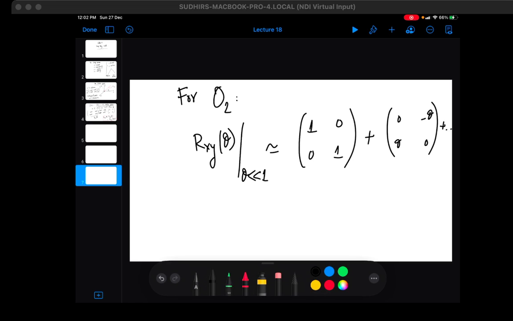From this you can define your generator as x is equal to, now you can put an i, depending upon what you want to put in, essentially. You can define it with an exponential also, with a complex i also.